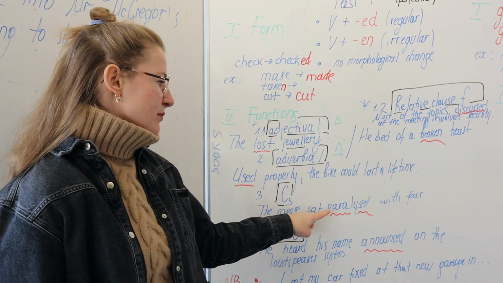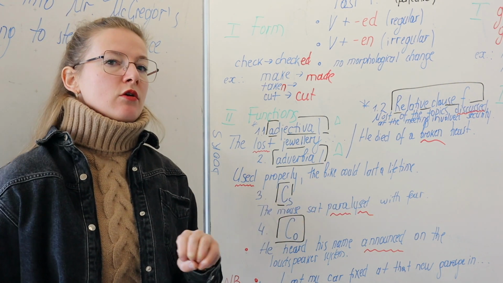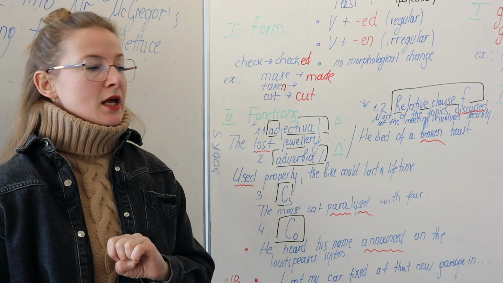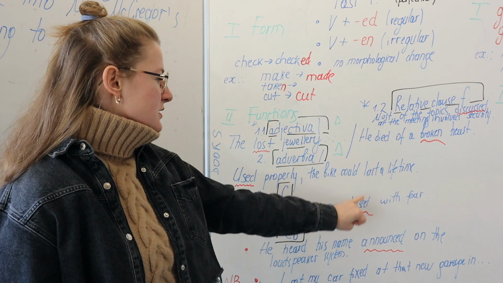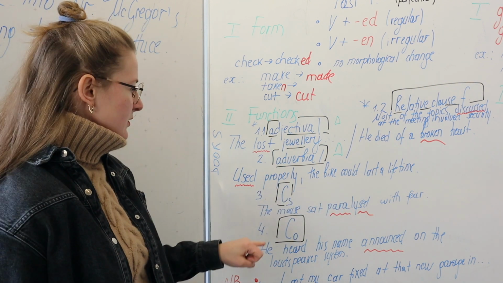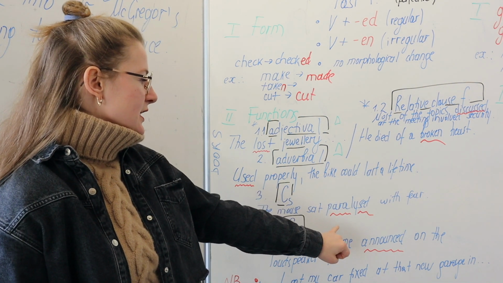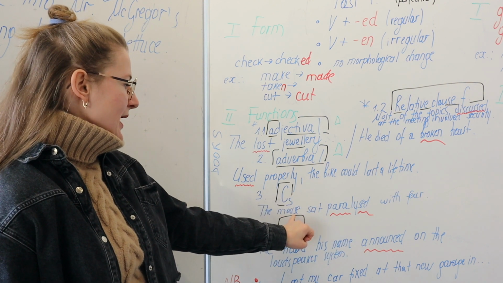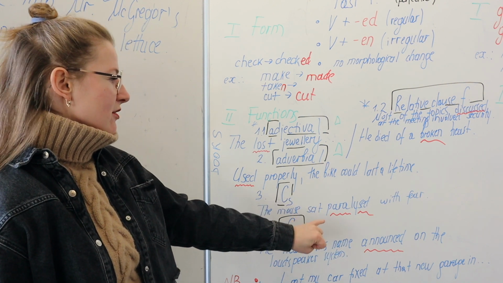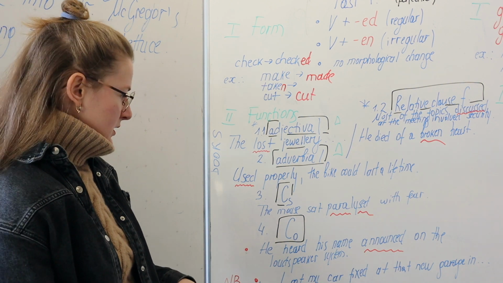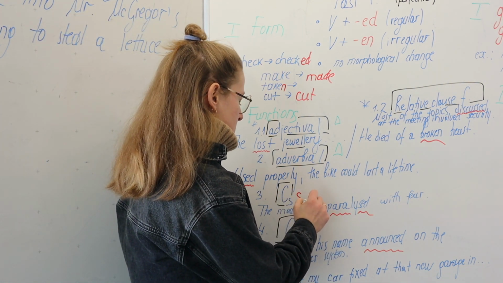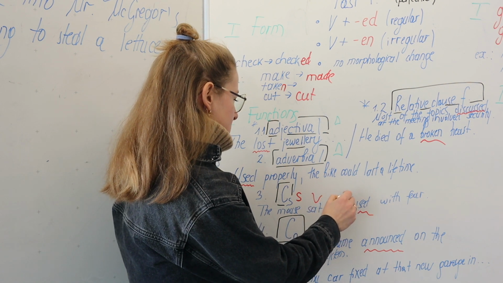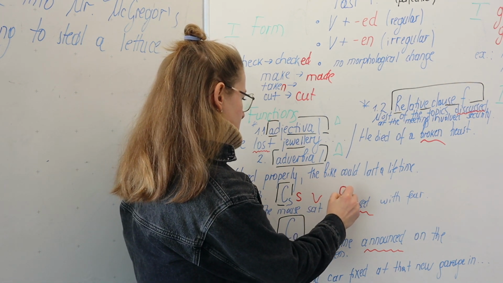The mouse sat paralyzed with fear, and we know after certain verbs of motion and sit, lie, stand, we need the present or past participle. Okay, so paralyzed obviously modifies the mouse. She was paralyzed with fear. Because the mouse is the subject here, sat is the verb, and paralyzed is the subject complement.